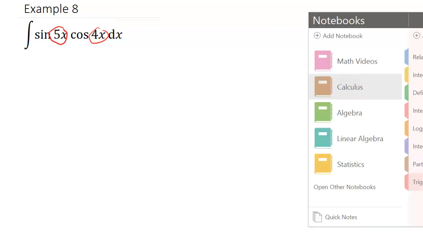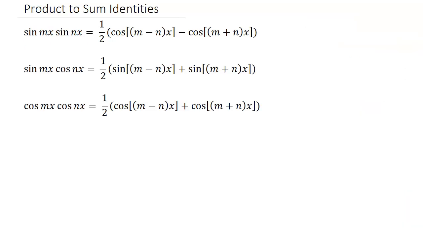Well, if you remember from trig, you have your product to sum identities. In our problem we had sine mx cosine nx. We had sine 5x cosine 4x, and so that would be 1/2 times sine of 5 minus 4x plus sine of 5 plus 4x.